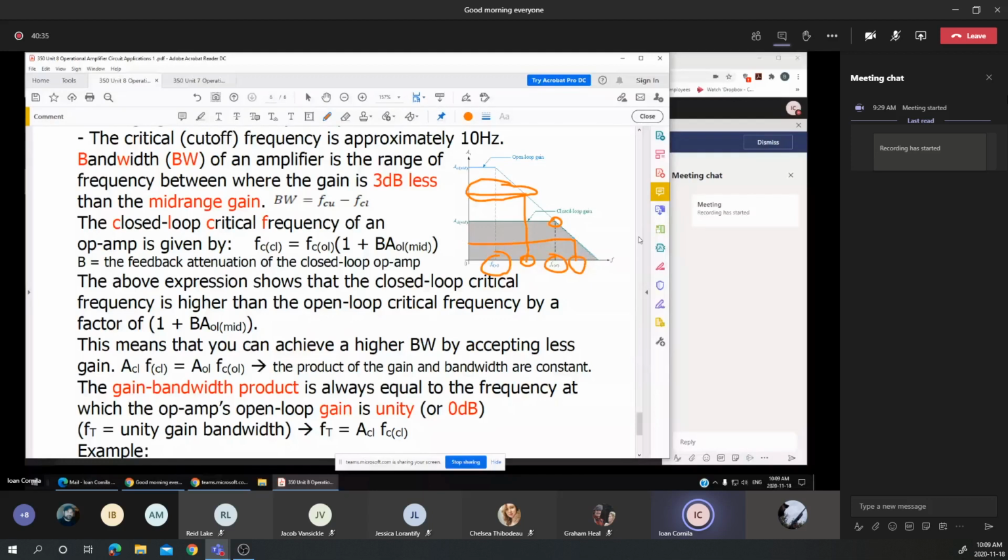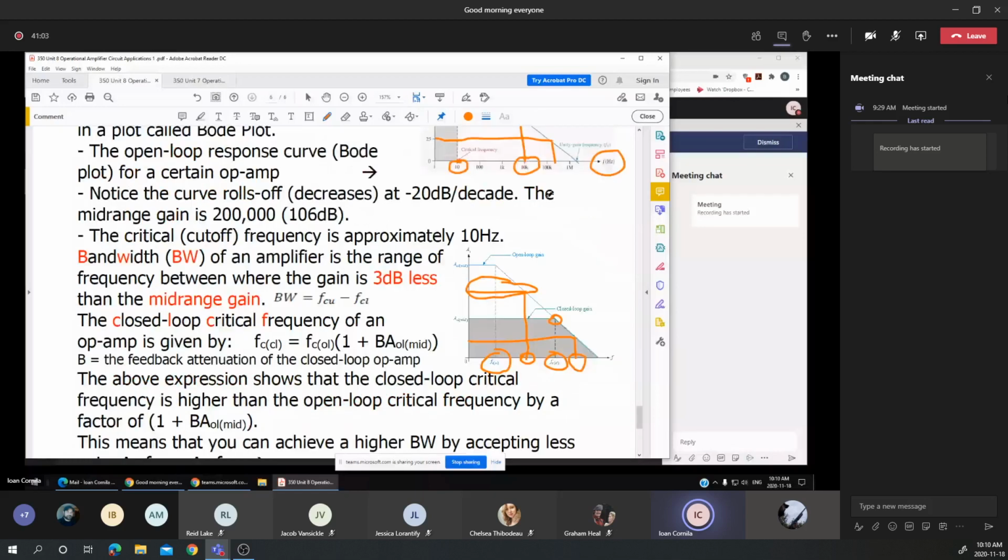If the input signal is just DC or a very small frequency, we can use up to the maximum gain, a very large gain, in the range of 100,000 to 200,000, which makes 105, 106 dBs. That's a very large gain.